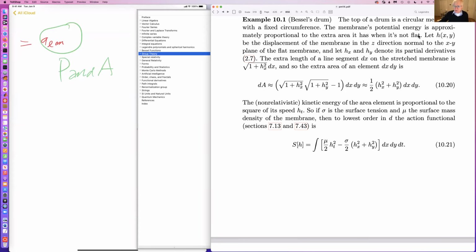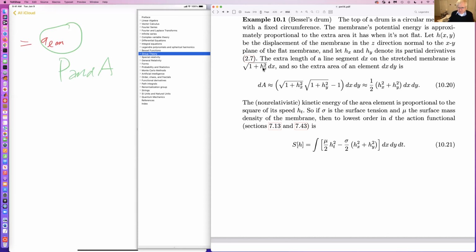So you can say it's 0 when it's perfectly flat, but when the drum is struck, the surface gets a little bit bigger, and that means that there's some potential energy there, which then, of course, turns into kinetic energy.